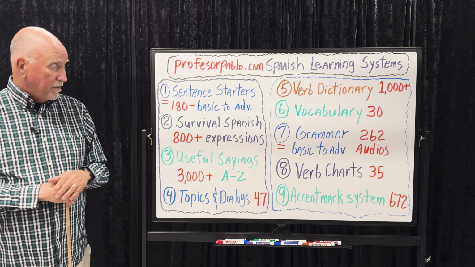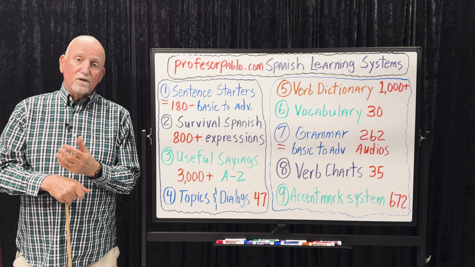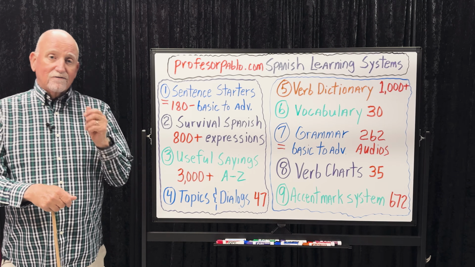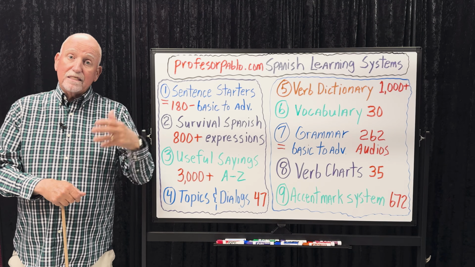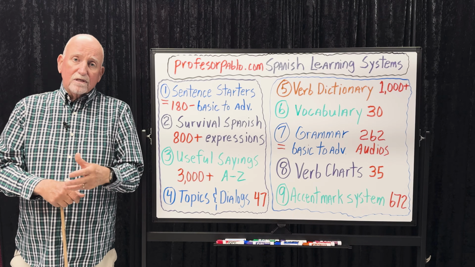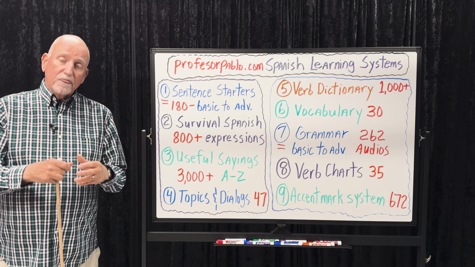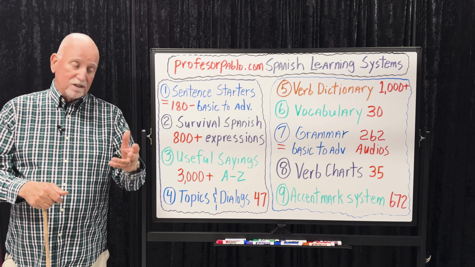Then you go to section 3, there are useful sayings. In Spanish, in my classes, my students knew them as frases útiles. Frases útiles means useful sayings, handy sayings, catchy sayings. Some are idioms, real famous expressions and sayings, but most of them are just daily, everyday conversation expressions.